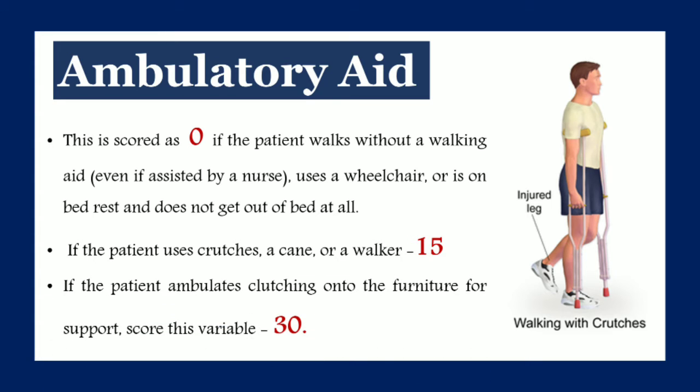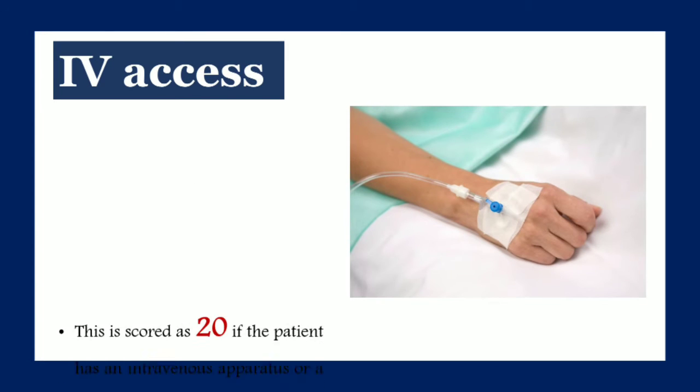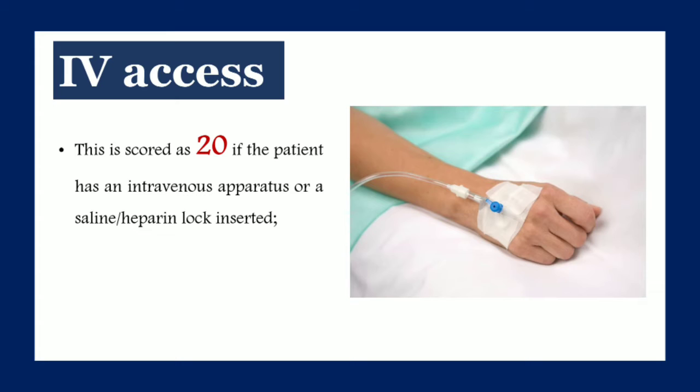If the patient ambulates clutching onto the furniture for support, the score is 30. The fourth parameter is IV access. This is scored as 20 if the patient has an intravenous apparatus or saline or heparin lock inserted, that is, if the patient's IV line is connected to any tubings. If not, the score 0 is given.